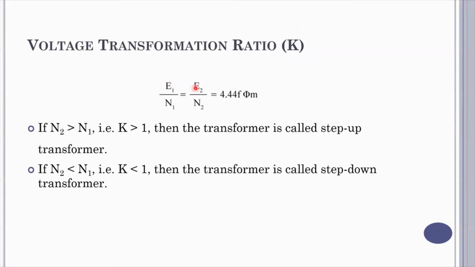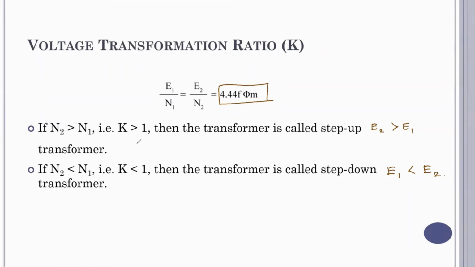So the secondary side voltage is greater than the primary side voltage. And in case of a step-down transformer, it's vice versa. And from this equation, it can be seen that the ratio E1 by N1 or E2 by N2 is a constant. And this constant is the voltage transformation ratio.